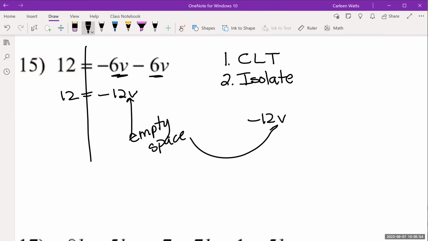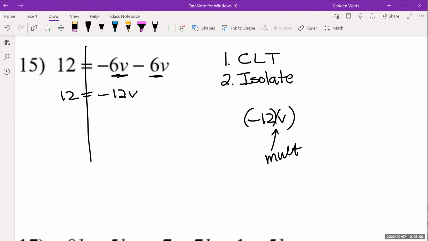Okay, if there is an empty space between the -12 and the V, it's like there's parentheses. That empty space implies multiplication. So in order to isolate my variable, I need to divide by -12.